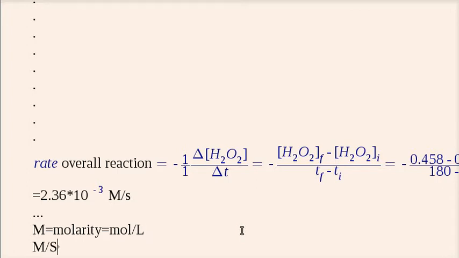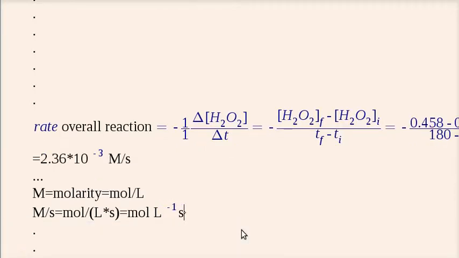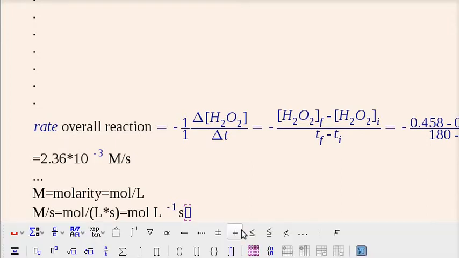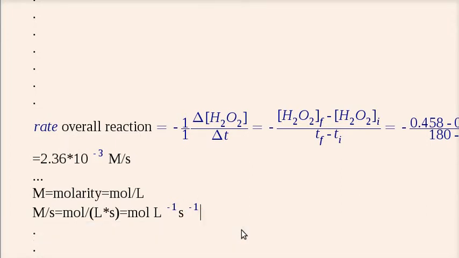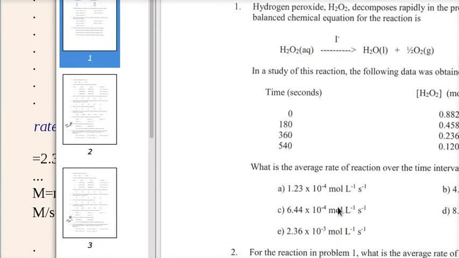Moles per second equals moles per liter seconds, which equals moles, liters to the negative 1, seconds to the negative 1. So that's the answer, E.